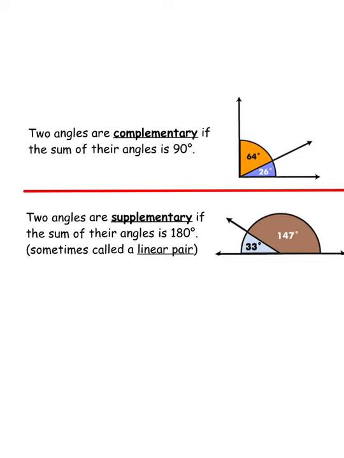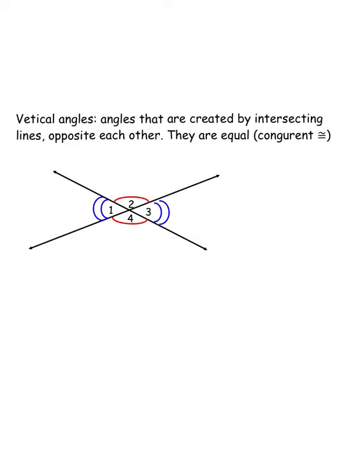Don't forget that 2 angles are complementary if the sum of their angles is 90. 2 angles are supplementary if the sum of their angles is 180. Again, these are sometimes called a linear pair because they make a straight line. Vertical angles are angles that are created by intersecting lines opposite each other. They are congruent.